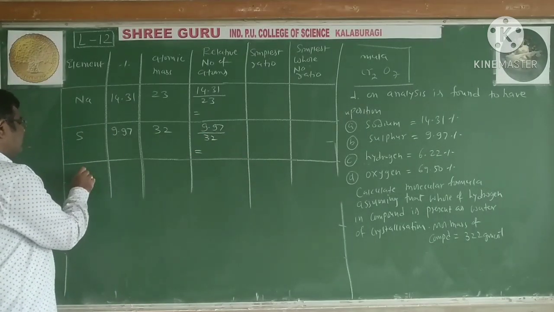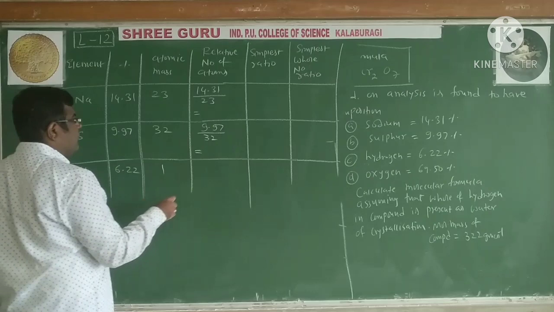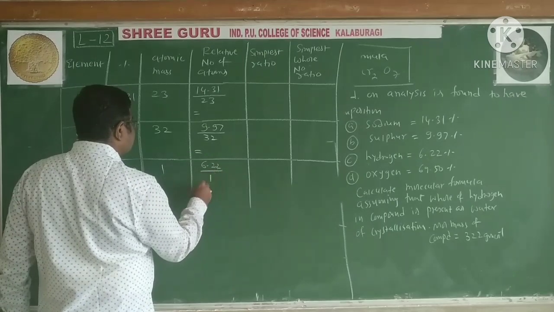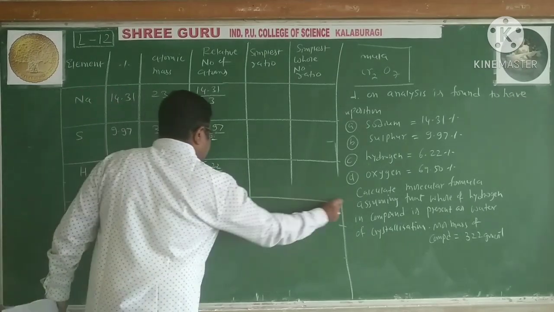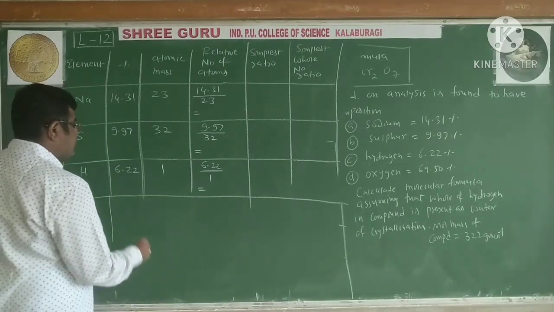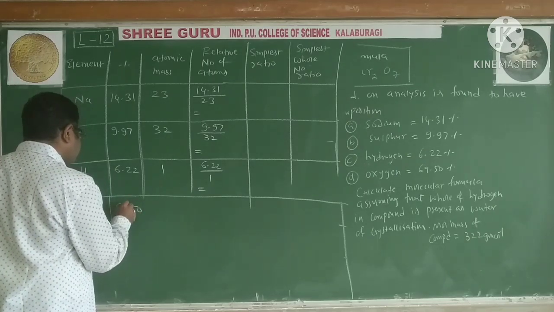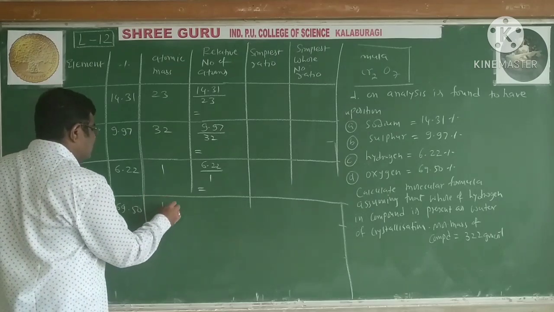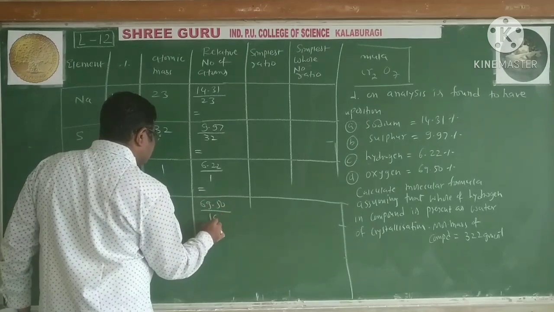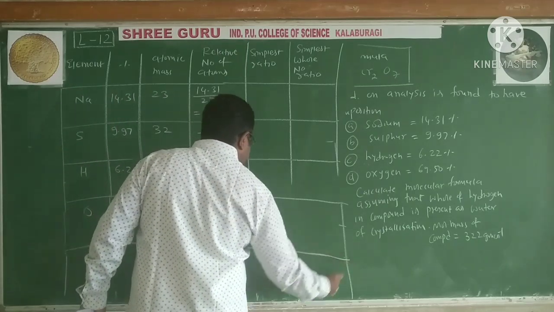Then comes hydrogen, 6.22, atomic mass 1, so 6.22 divided by 1. And then comes oxygen, 69.50, atomic mass 16, so 69.50 divided by 16. Yes, all entries we have made.